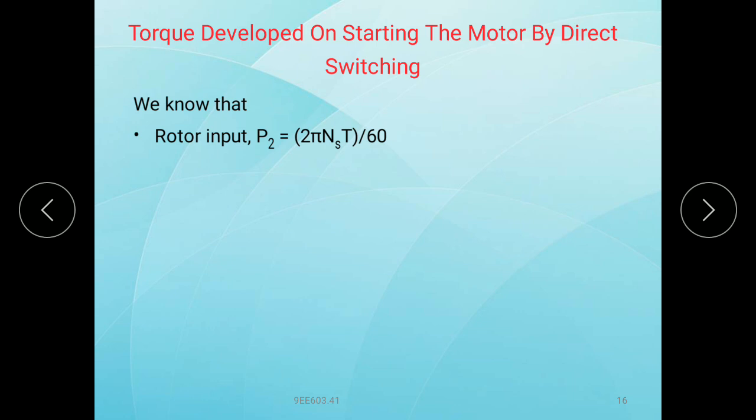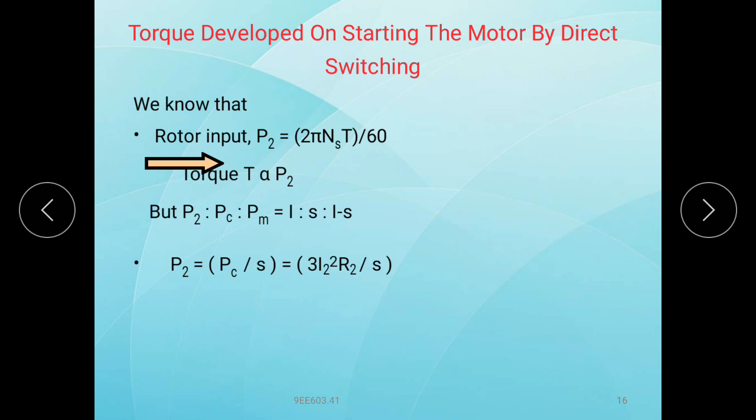Torque developed when starting the motor by direct switching: rotor input P2 is equal to 2 pi Ns T by 60. So torque T is proportional to P2, and P2 : Pc : Pm is equal to 1 : S : 1 minus S. Here P2 is equal to Pc by S, that is equal to 3 I2 square R2 by S. Torque is proportional to I2 square by S if rotor resistance R2 is constant.